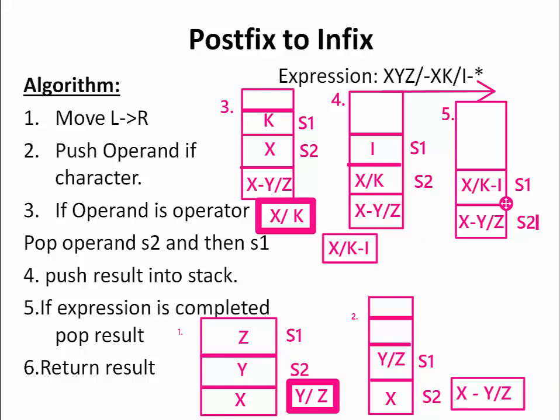I am going to write here: we pop S2 first, X minus Y divided by Z, then next X divided by K minus I. The operator we need to place between them is star.